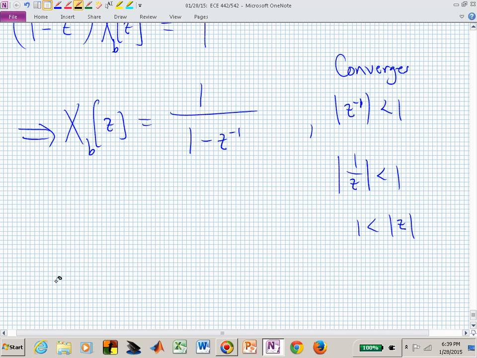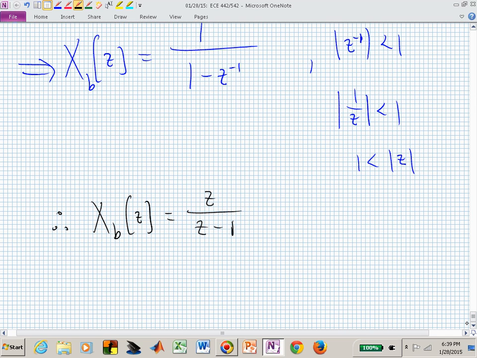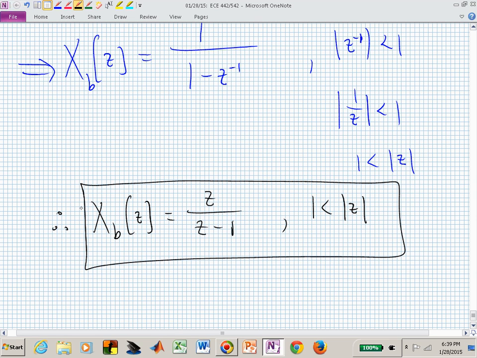But you can see, I hope, that capital X sub b of z, the z transform of a unit step in discrete time, is now z over z minus 1, as long as the absolute value of z is bigger than 1.